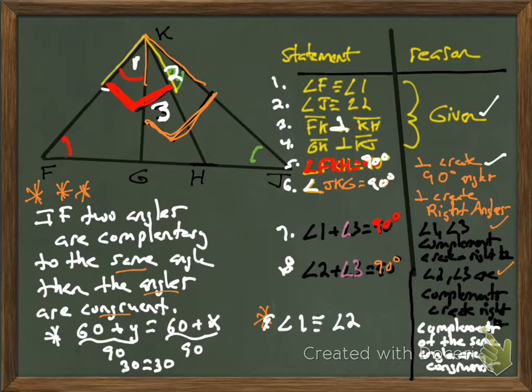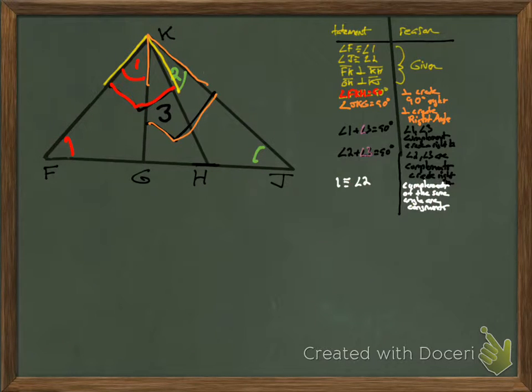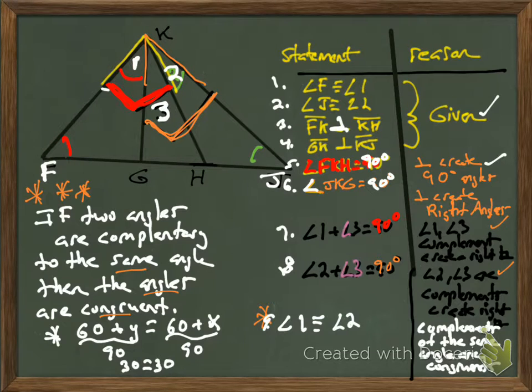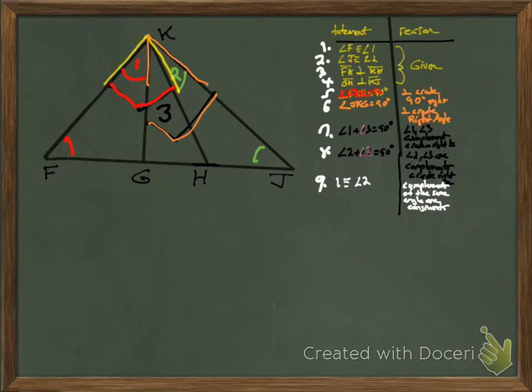Now, I still haven't gotten my angle F with my angle J. So that's going to be my next line, because this is statement number 1, this is statement number 2, 3, 4, 5, 6, 7, 8, and it looks like I have 9 statements here.